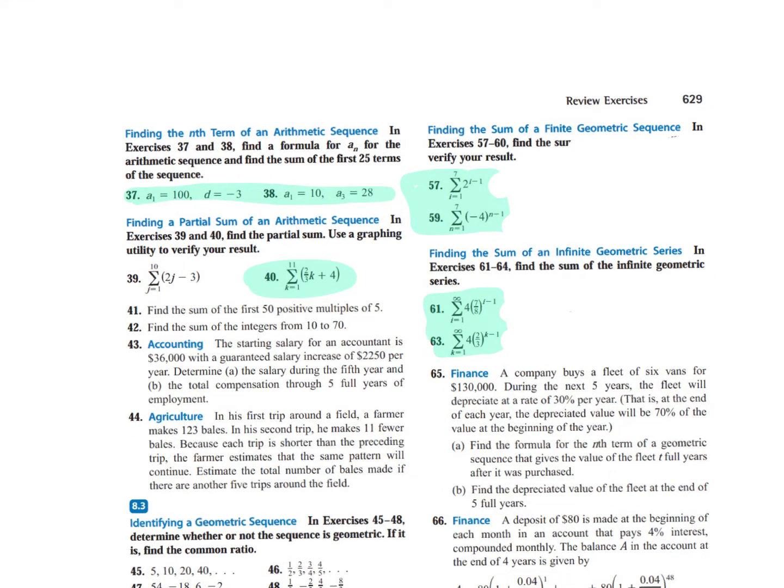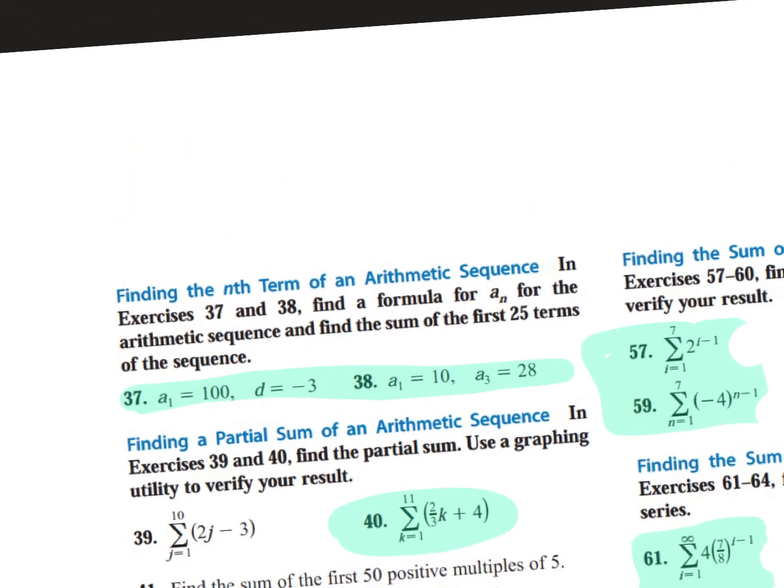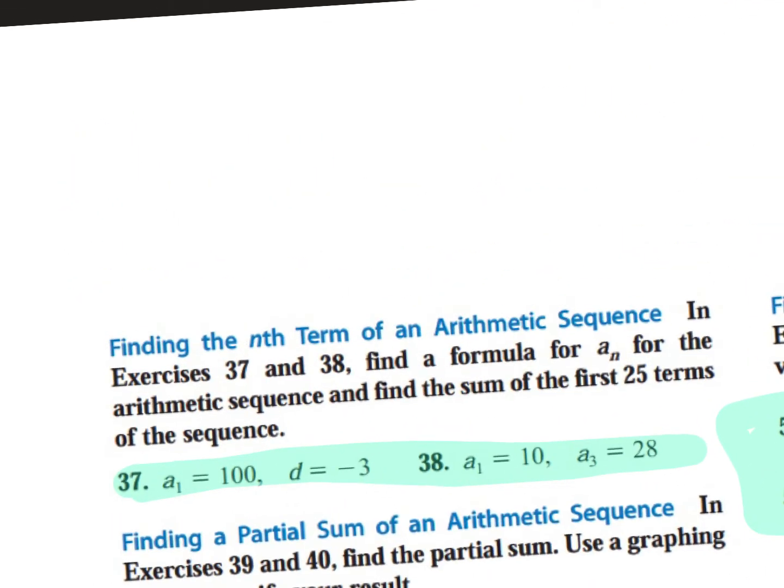When we talked about series and sequences, remember there were arithmetic and geometric. We will give you guys the formulas for the arithmetic and the geometric. You need to remember what things stand for. Arithmetic, remember, write this down. If a sequence is arithmetic, there's a common difference.